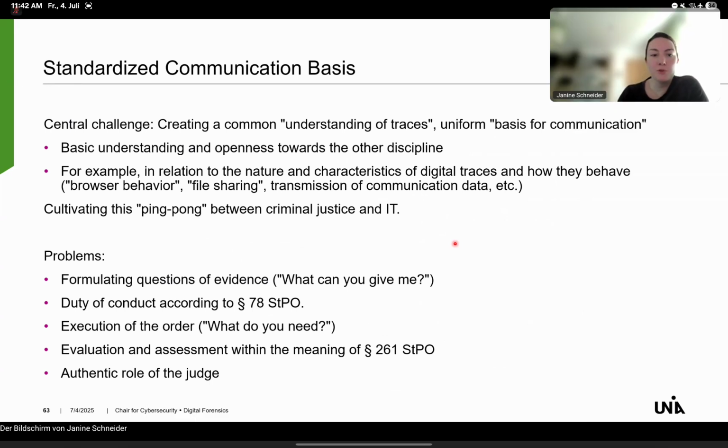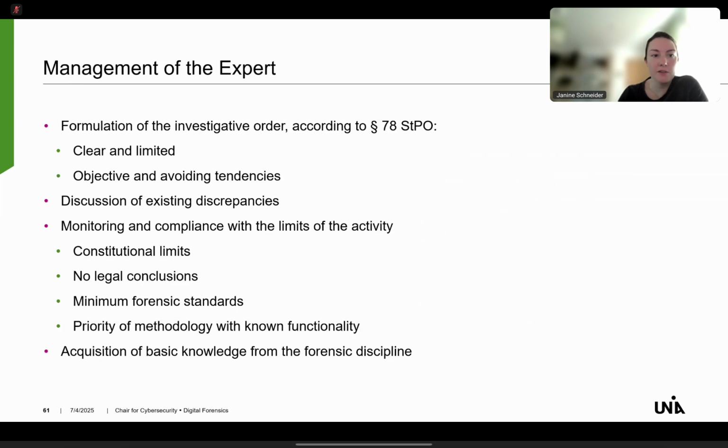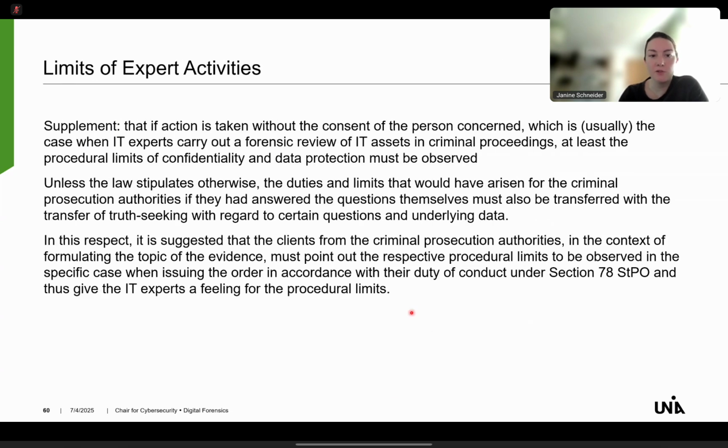What I wanted to tell you is that this is actually not what I wanted to talk about. This is what I wanted to talk about. There are certain limits of the expert activities.